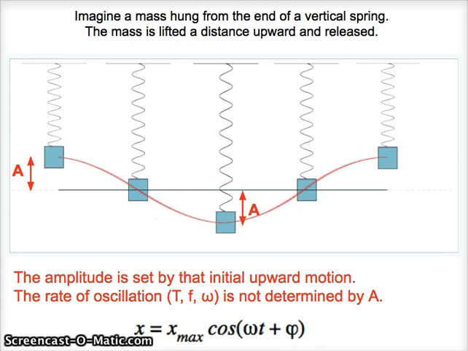And if we take 2 pi times that f, or if we take 2 pi and divide by the period, that gives us this thing called omega. And it times the time tells us at what stage or phase the object is in within this oscillation. So it helps match it up with the cycle of the cosine graph.